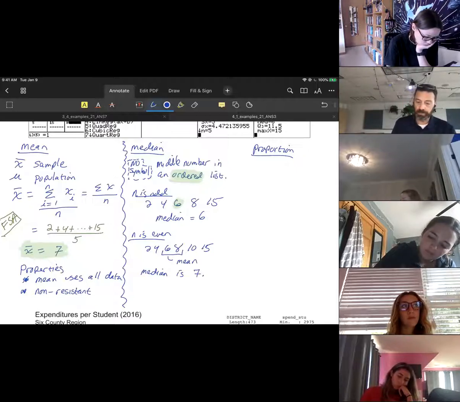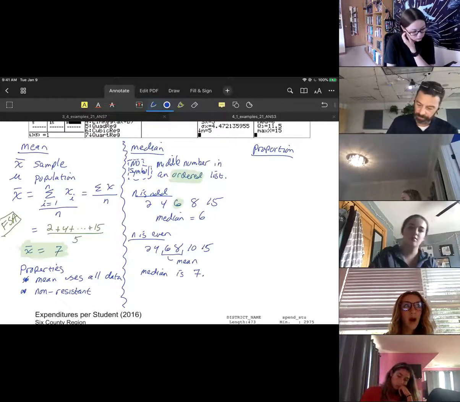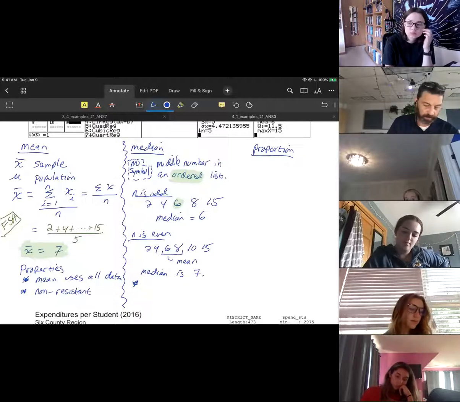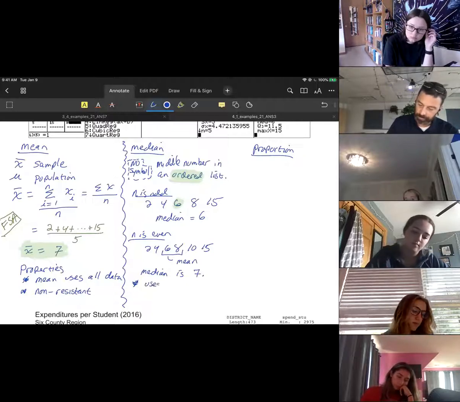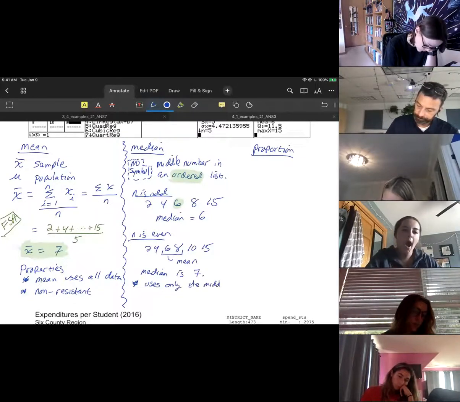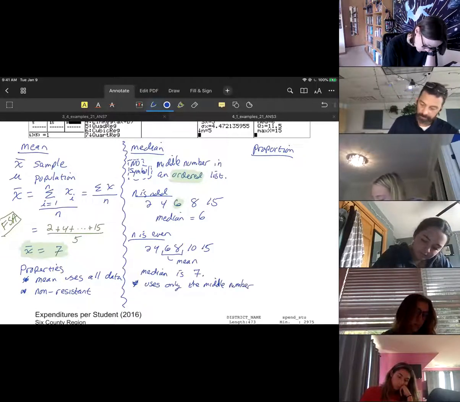I'm pretty sure you've seen median before, so I don't think this is rocket science or anything close to calculus. The median situation uses only the middle number. And the median is resistant.